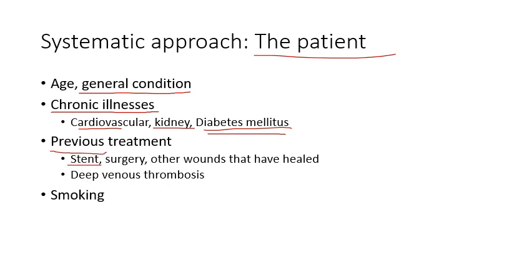Have they had any stenting of their blood system, their cardiovascular system? Have they had any surgery on their leg? Especially, let's say they've had fractures, or they have metal inside their leg, or something has happened that makes them more vulnerable to wounds. Have they had other wounds that have healed?